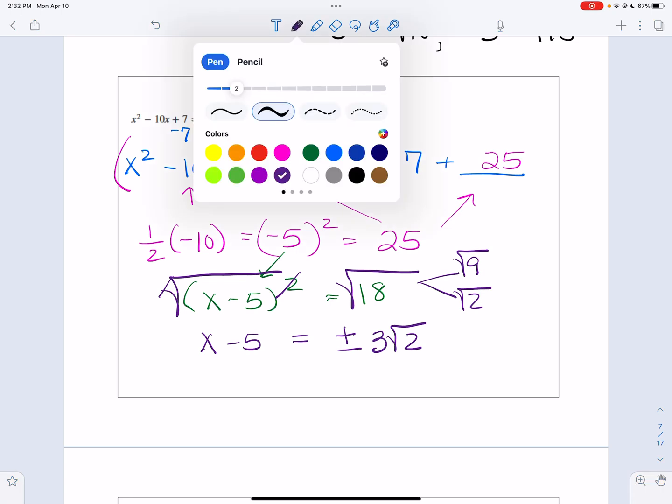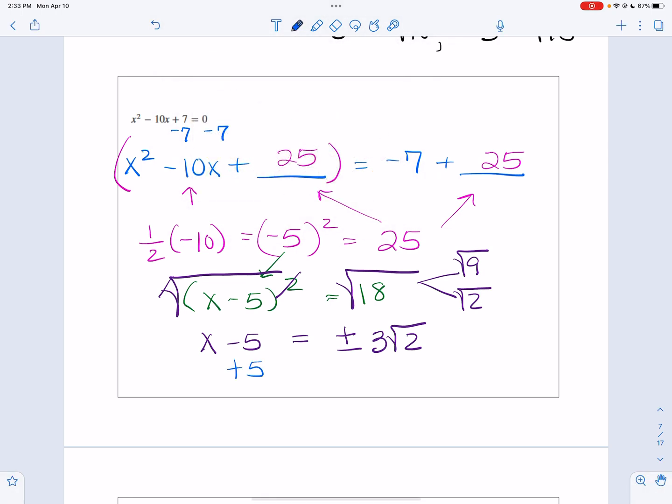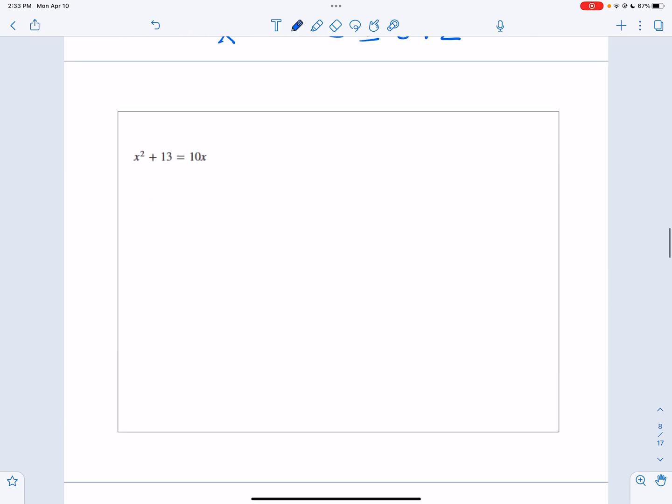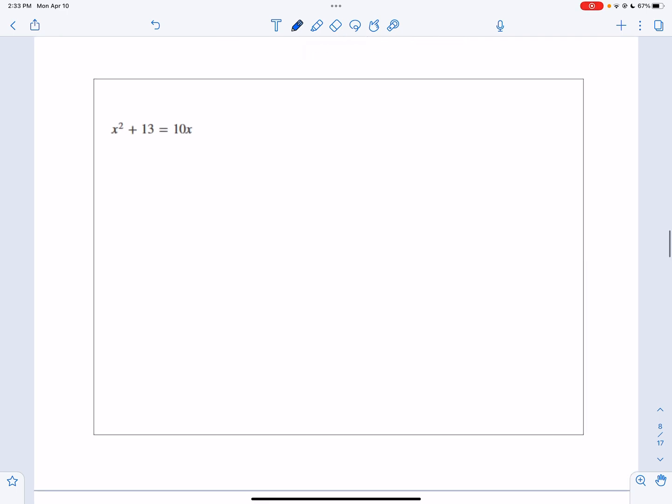And then last but not least, I add 5. So x is equal to 5 plus or minus 3 radical 2. All right, so we got one more, and then I'm going to make another video on odd middle coefficients.